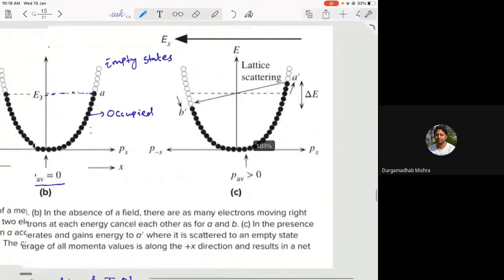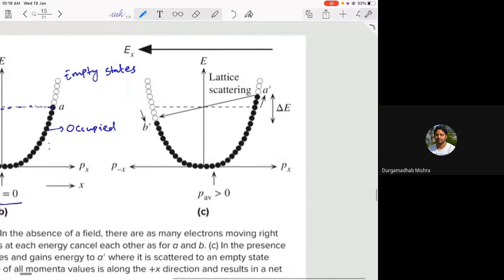The average momentum change is greater than 0, which means the electron gas has a momentum along the positive x-axis, that is, a current. The electrons move opposite to the electric field, which is applied along minus x, and you will have a current in the minus x direction.